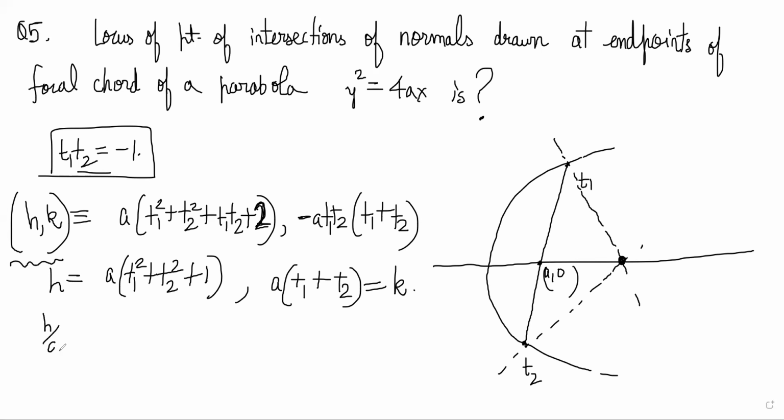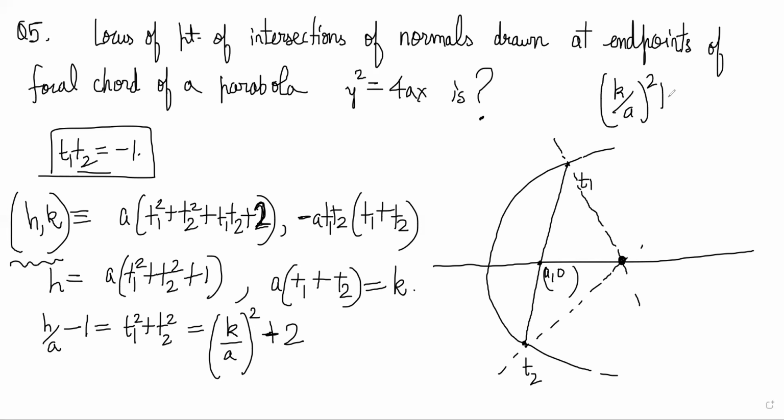You can say h by a minus 1 is t1 square plus t2 square, and k by a is t1 plus t2. So it is equal to k by a whole square minus 2 t1 t2, which is plus 2. So you get k by a whole square plus 2 is equal to h by a minus 1.